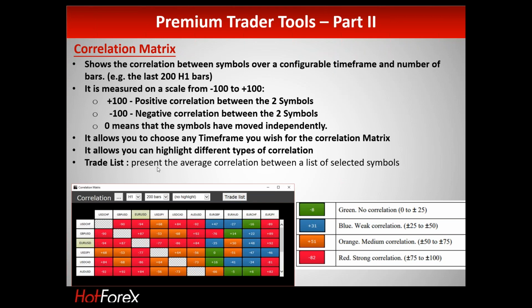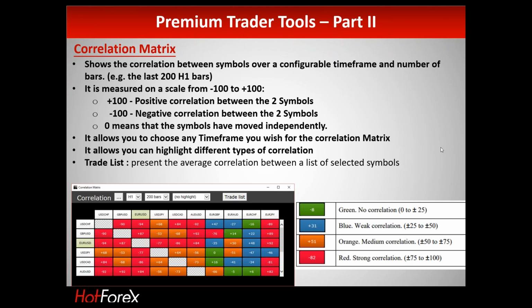As with every single expert advisor, this tool gives you the opportunity to choose any time frame that you wish for your correlation metrics. It also allows you to highlight different types of correlation, and with the trade list, as you can see in the screenshot, it presents the average correlation between multiple selected symbols, so it might be more than two.